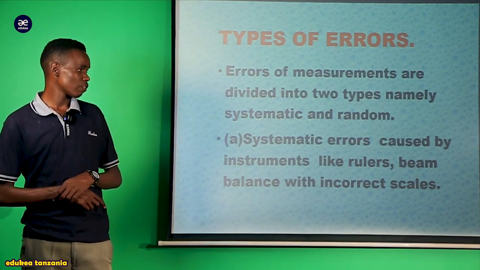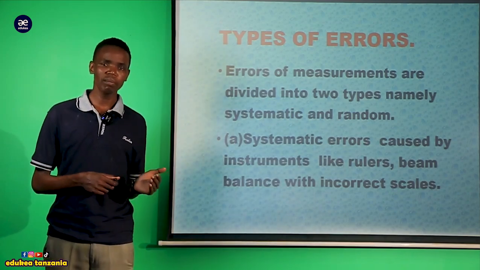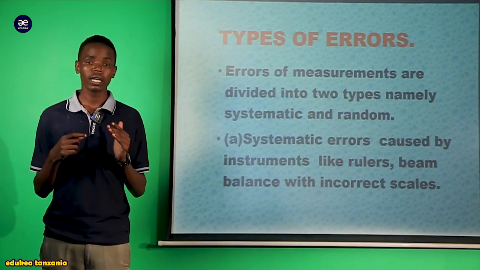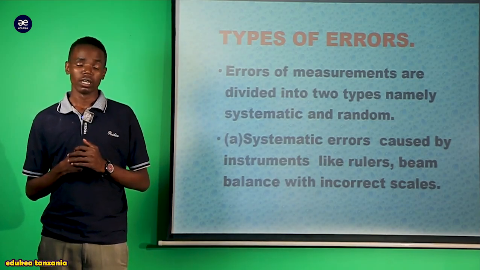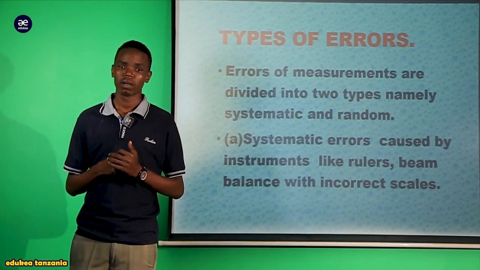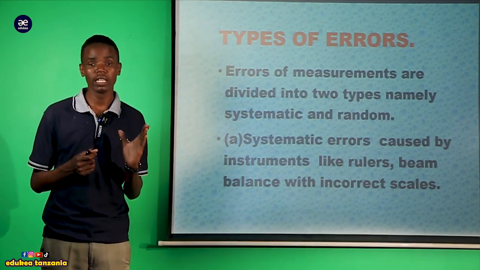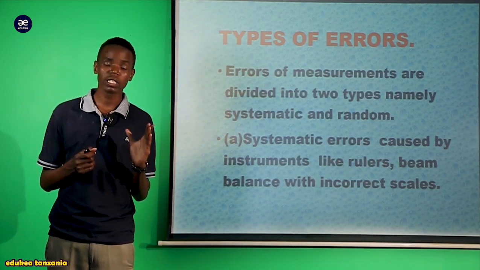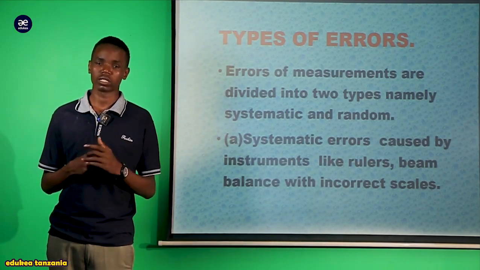So after understanding the meaning of systematic errors, sometimes we term the systematic error as the error whose causes are known. Ni zile error ambavyo visababishi vyake vinakuwa vinatambulika. Pale unapokuwa na vifaa unachukua data, alafu ukaobtain data ambazo ni wrong. Those data occur due to known reasons or known causes.